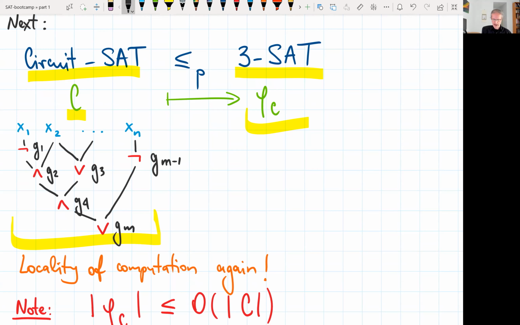Here I'm thinking of m as the size of the circuit. And then we just need to say that these variables for the gates are assigned correctly given the assignment of variables that are inputs to those gates. So what I mean to say is, for example, that G1, which is the negation of x1, must be equivalent to not x1.